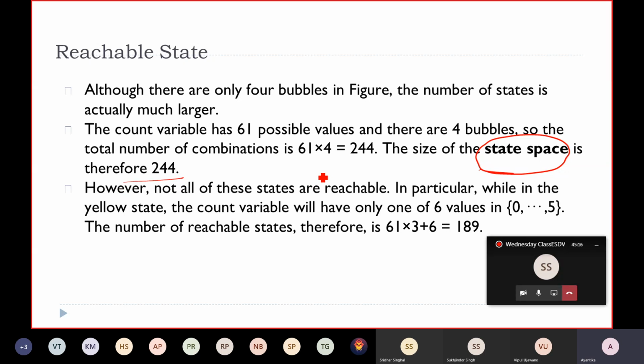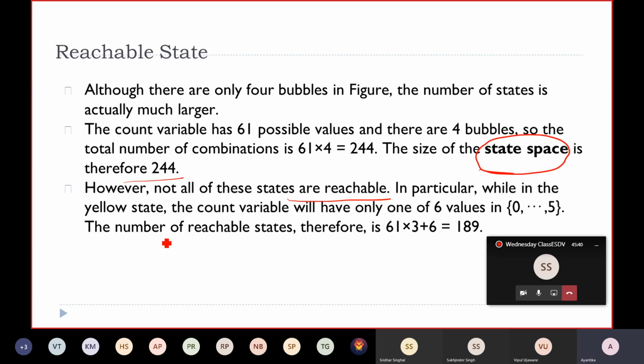But in the actual case, not all these states are reachable. According to my maximum number of chosen states, my state space is the total number of states into the total range of counts. But here, not all states are reachable.